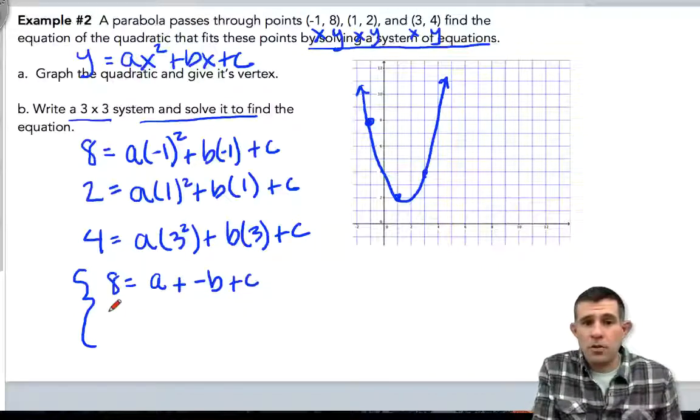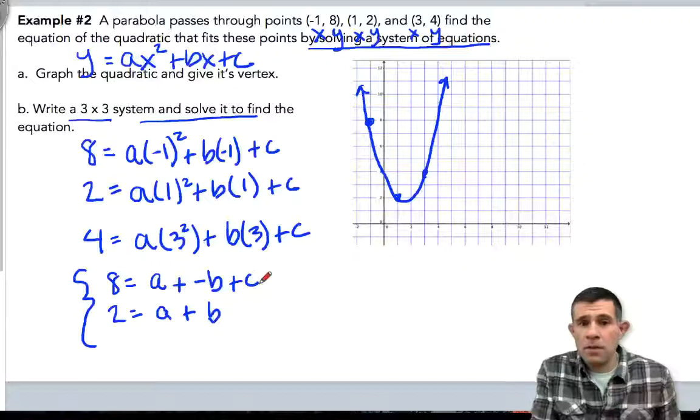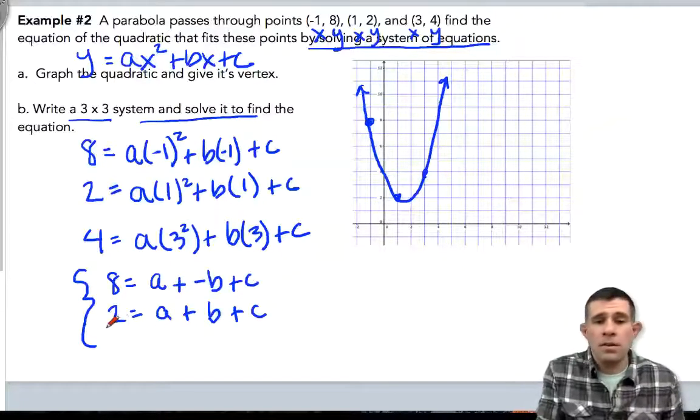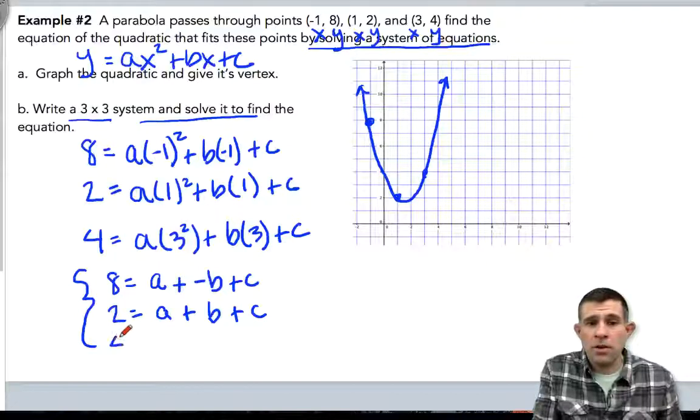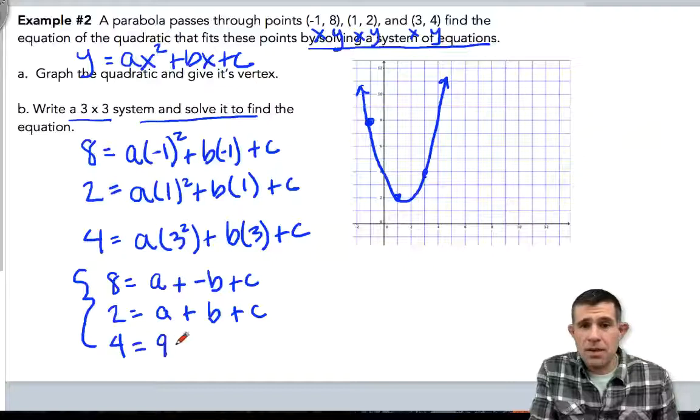Next we have 2 is equal to a times 1 squared, which is 1a, plus 1 times b, which is 1b, plus 1 times c, which is simply c. All right, now our next and final equation should read like this: 4 is equal to a times 3 squared, which is 9a, plus 3b, plus c.